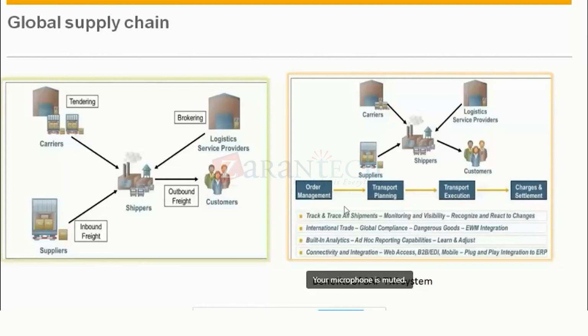Carrier means the person who is actually helping you to move the transport from point A to point B. So a carrier can be an LSP. LSPs are a bigger umbrella where not only are they responsible for doing the planning and execution, but they also have warehouse facilities, storage facilities. So either the carrier or the LSP, communication or collaboration is very important for any transportation process.